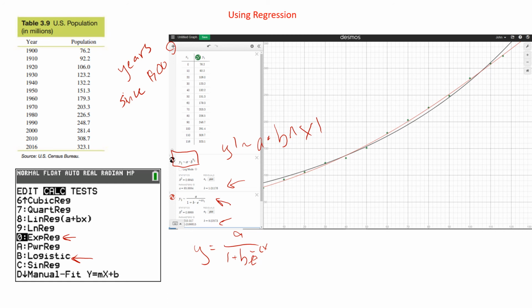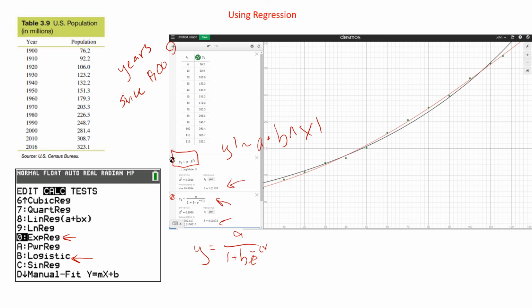And so looking at these two graphs, they both fit it fairly well. So now the question is, what will the population be in 2020 or 2050 or 2100?